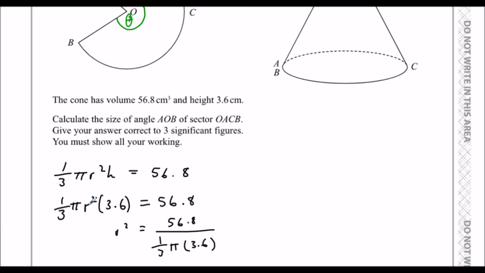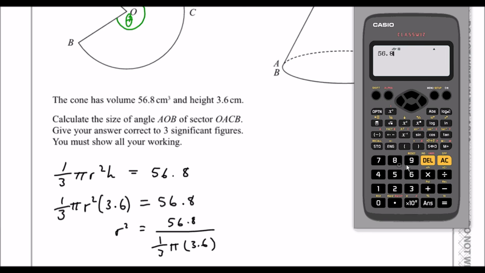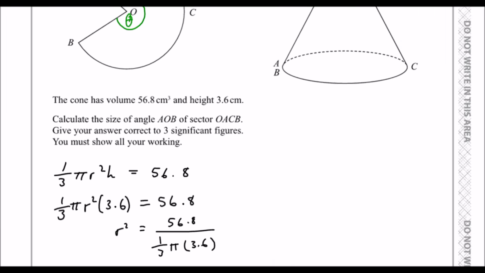We're dividing both sides by 1/3 pi times 3.6. We could have done that in different steps, but we can equally just do it in one go. So r squared is 15.06, and so on.